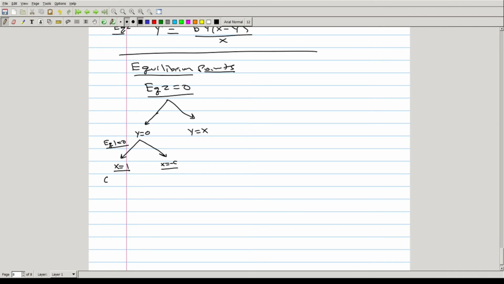Gives us the equilibrium point 1, 0 and the equilibrium point negative c, 0. For the y equals x term, we have a little bit more work.